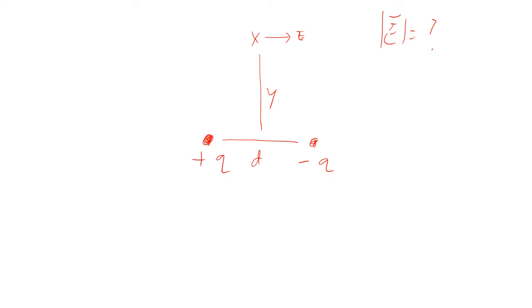Okay, so if we're at some spot up there, then we know, from the argument we had before, that this is going to be some angle theta, and this is going to be some angle theta. So we have two different electric fields here: the electric field due to the positive charge and the electric field due to the negative charge. Only the horizontal components add. So the total magnitude of the electric field is going to be 2 times Ex.